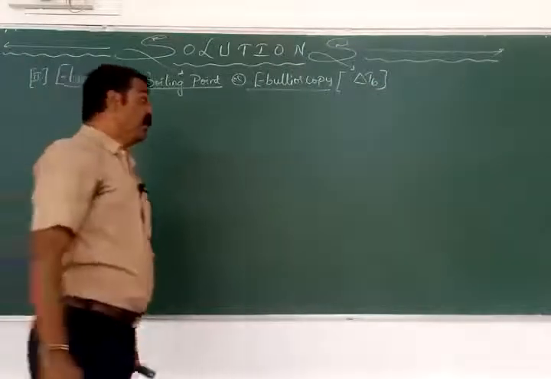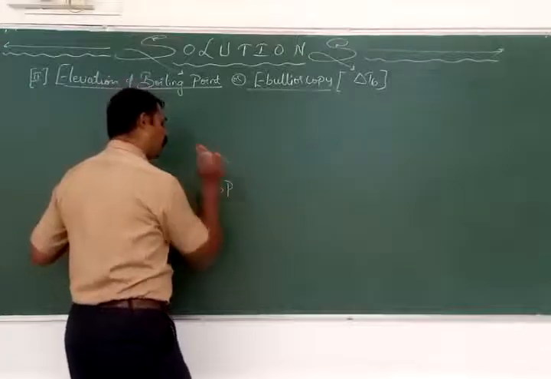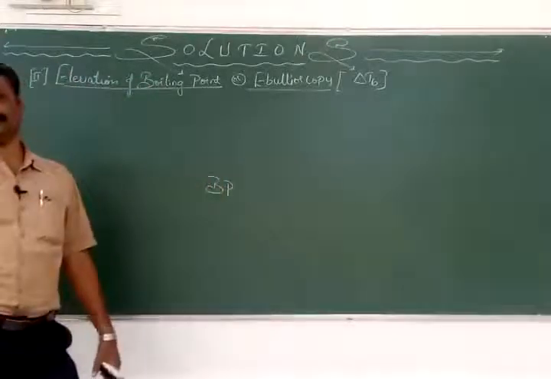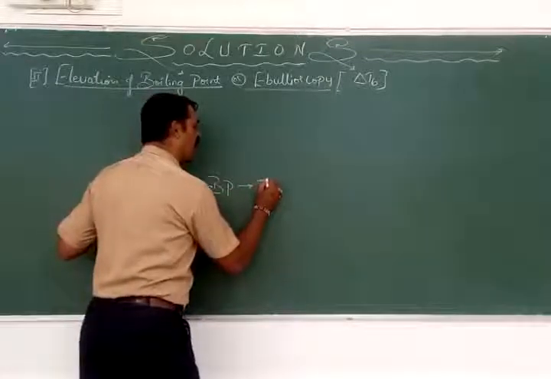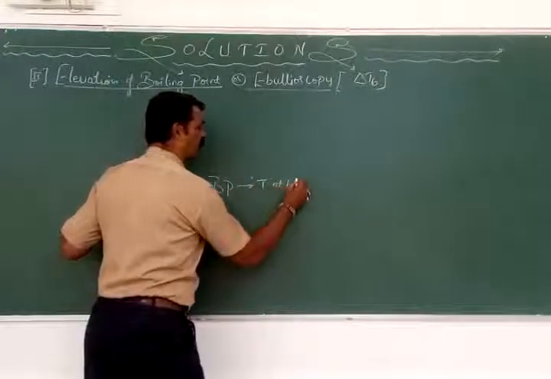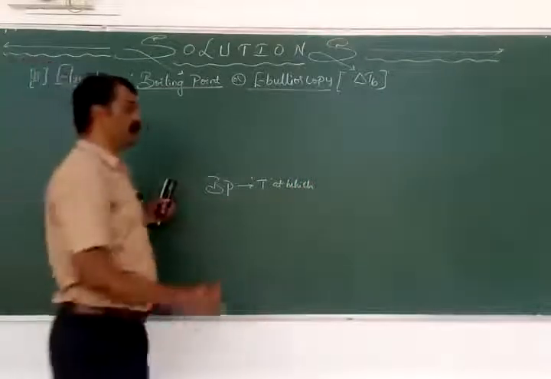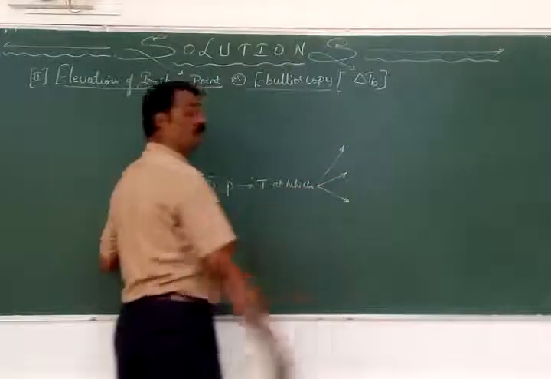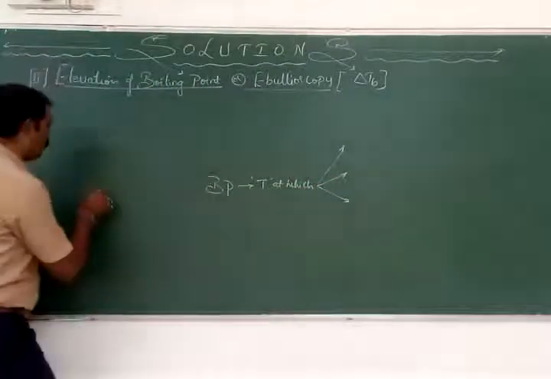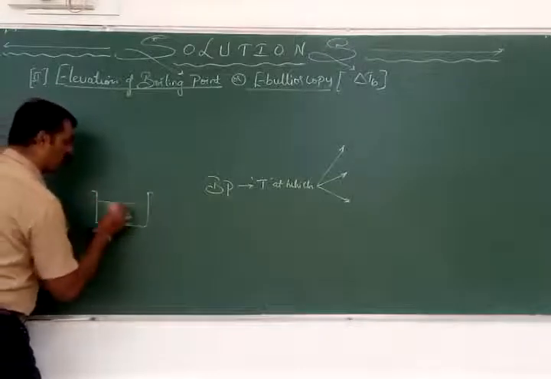Okay. First, what is BP? What is boiling point first? It is the temperature at which we can have 3 different definitions. So here, as we know, we have a liquid, for example a pure solvent, or any liquid.